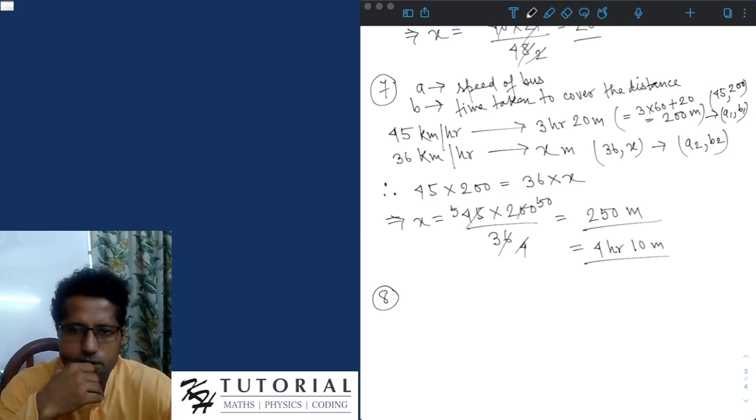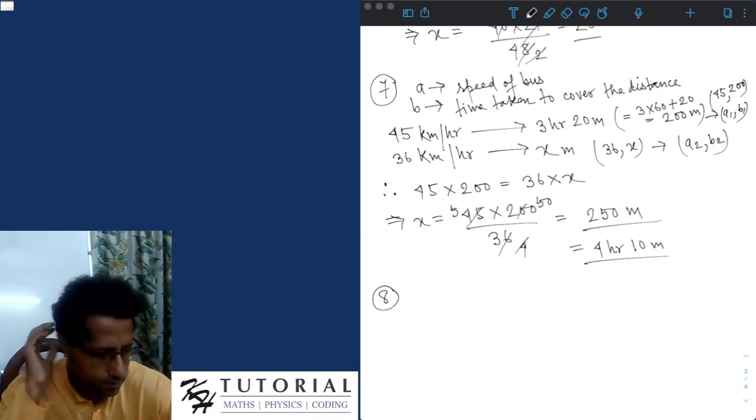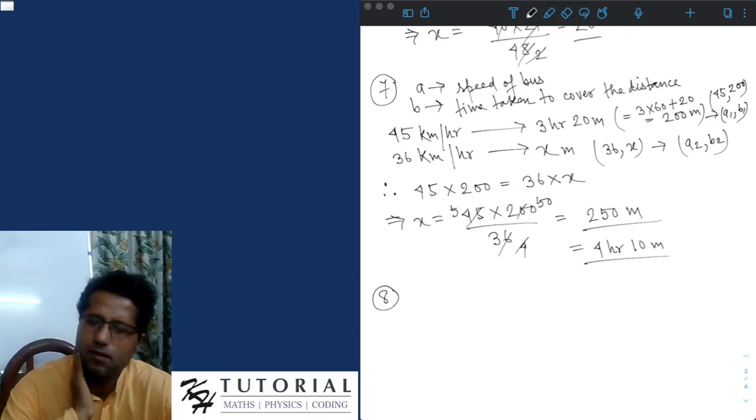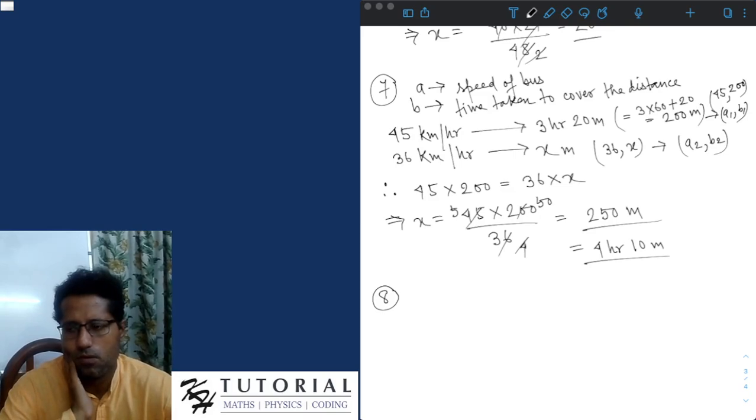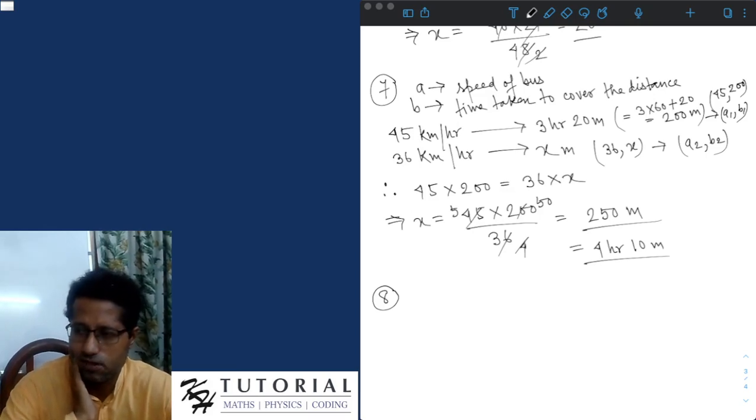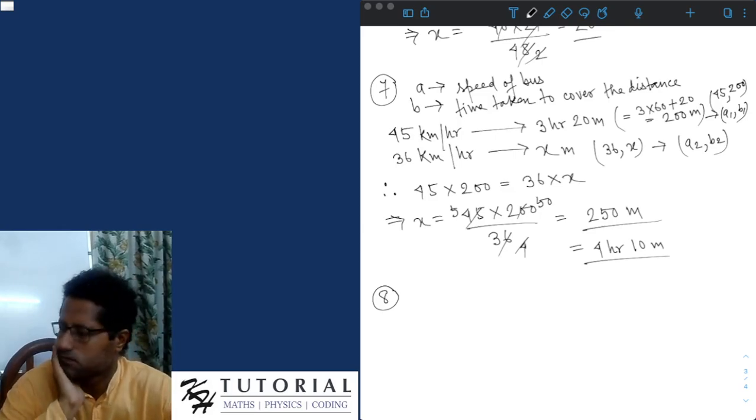So in a month, the factory is producing 240 tons of steel, and the material is lasting for a month. Now, if more tons of steel is to be produced in a month, so the time is fixed, the month is fixed, then how long will the materials last?